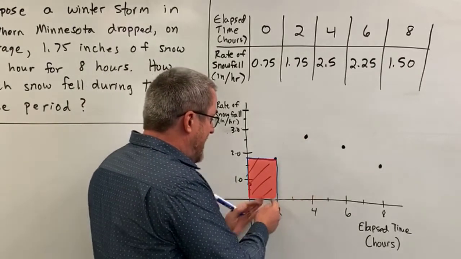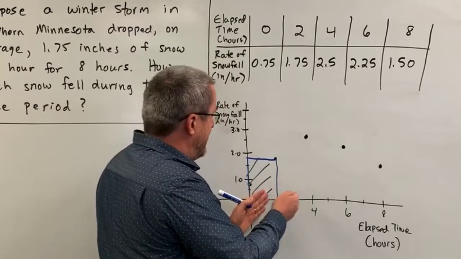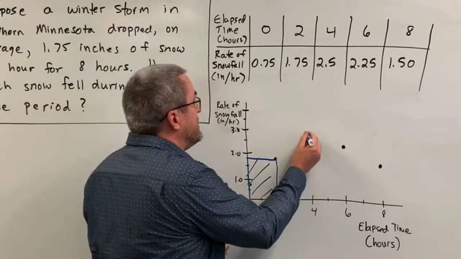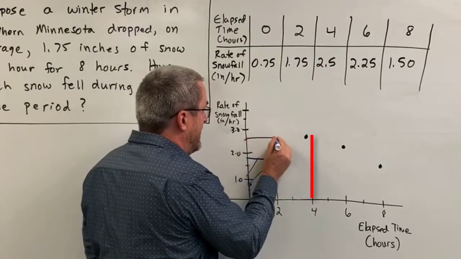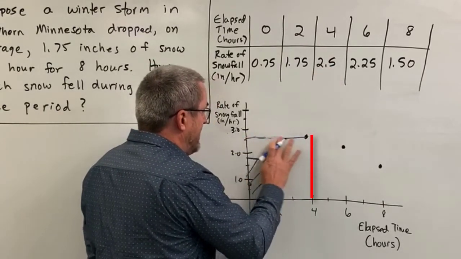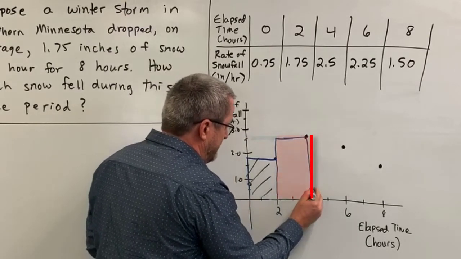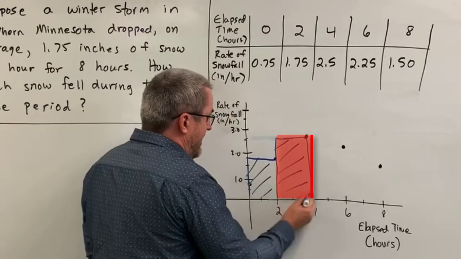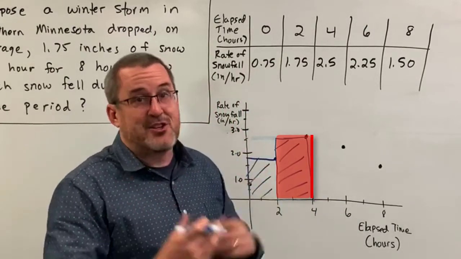In this next 2 hours, instead of the left-hand rate, we're going to choose the right-hand rate. So from 2 to 4 hours, we're going to choose the rate at 4 hours of 2.5 inches per hour, only for those 2 hours. The area of this rectangle will represent the total snowfall during that 2 hour interval.